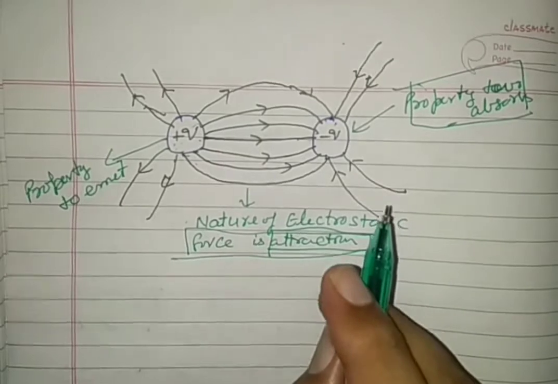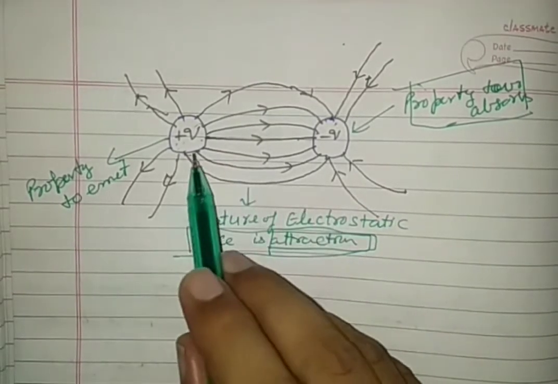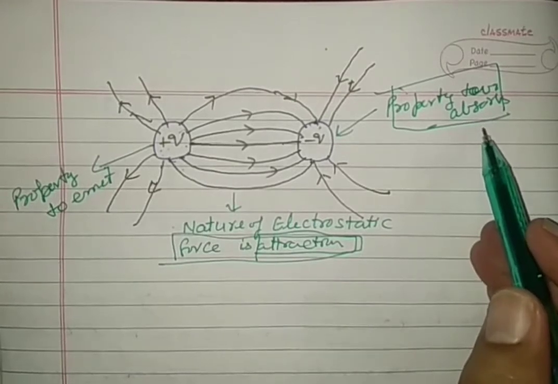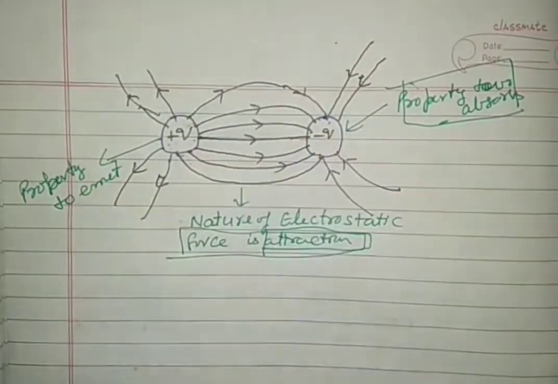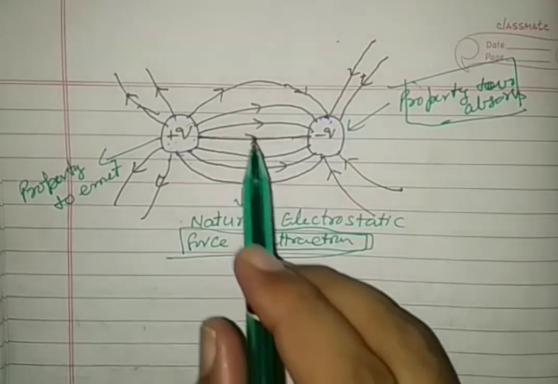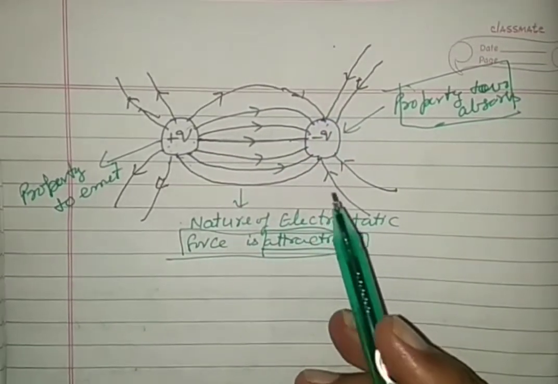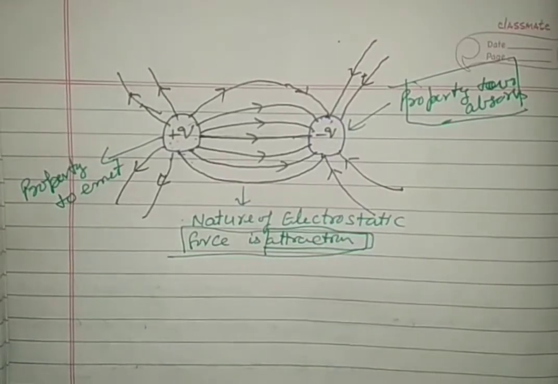Why an attractive force? Because one has the property to emit and another has the property to absorb electric lines of force. So they are set up in such a way, and a diagram is given here in the paper.